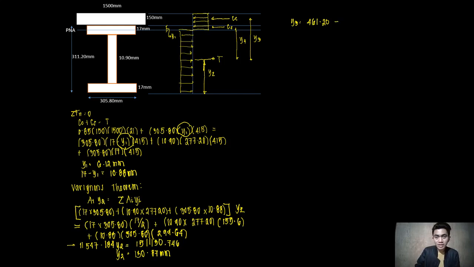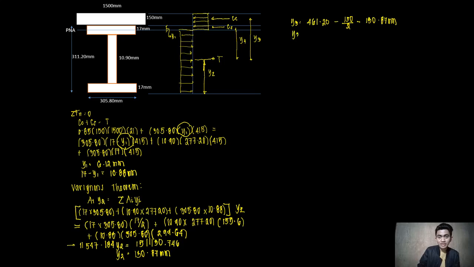That is minus, this is at the center of C sub C, so 150 over 2, minus y sub 2, which is 130.87 millimeters.